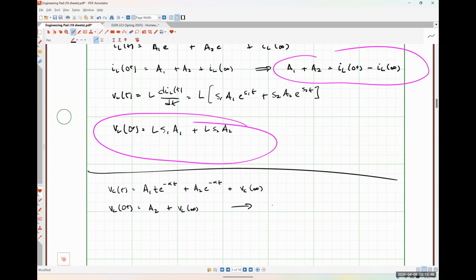So from here, A2 is just VC at 0 plus minus VC at infinity.